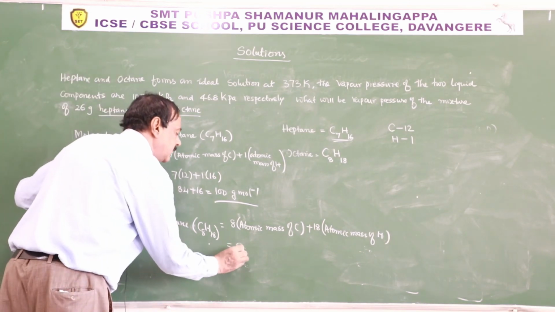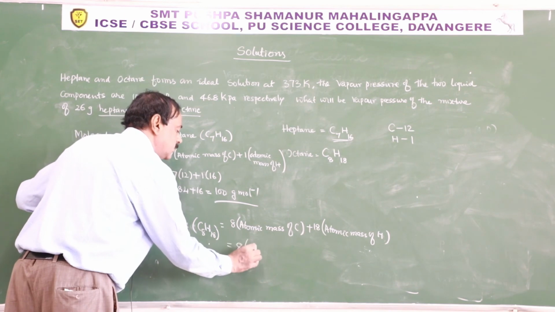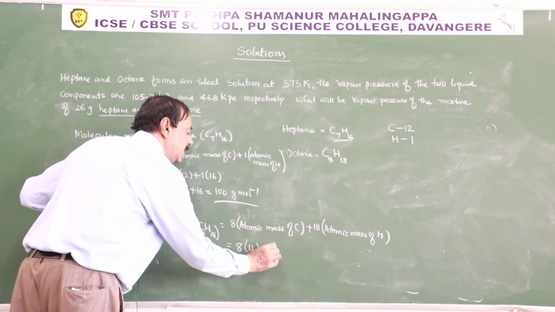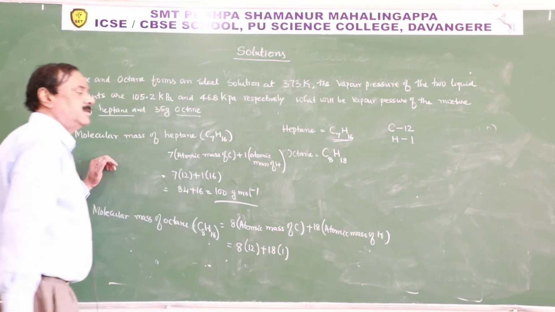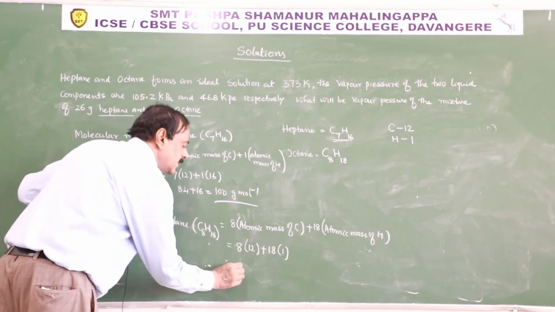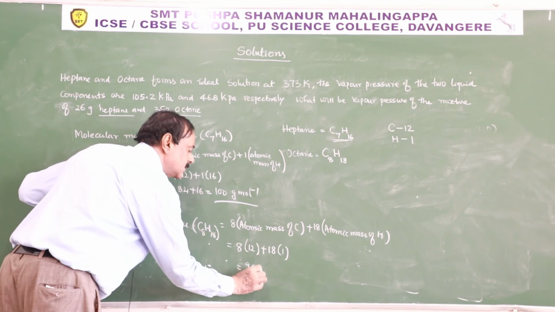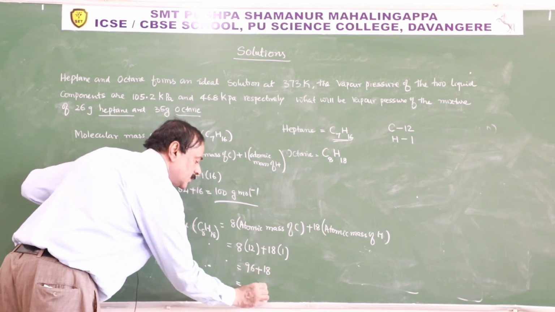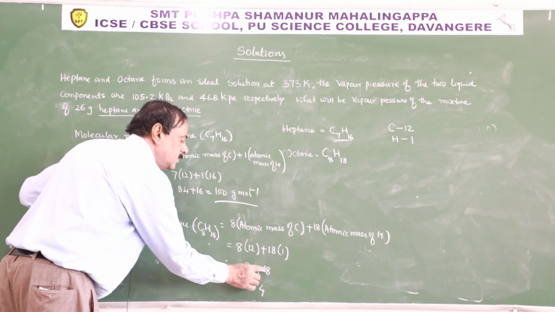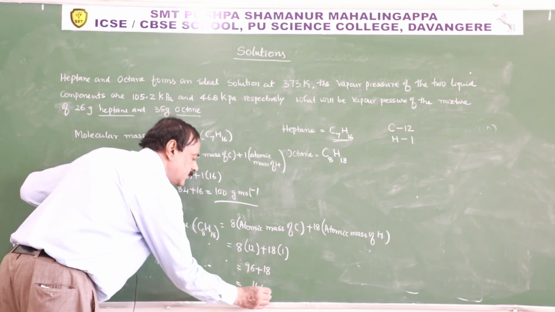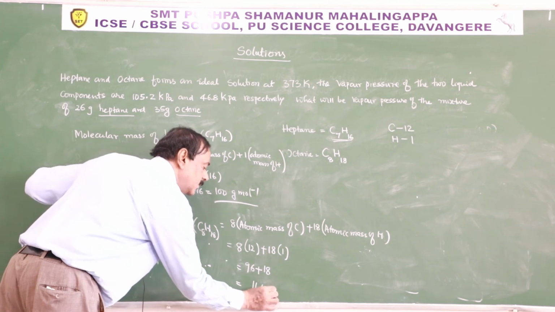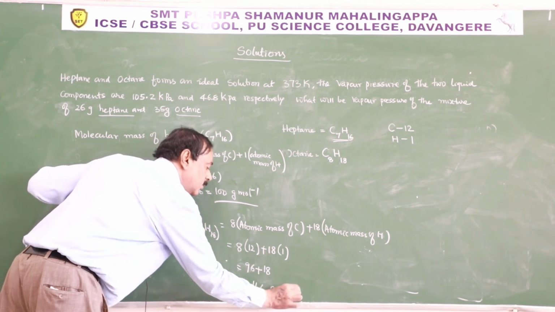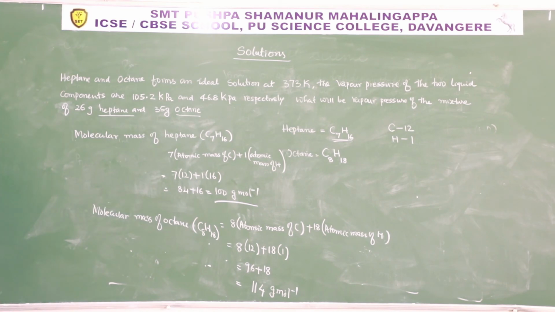What is the atomic mass of carbon? That is 12, plus 18 into atomic mass of hydrogen, that is 1. That is 96 plus 18, that is equal to 114 gram per mole. That is the molecular mass of octane. Molecular mass of octane is equal to 114. This is very important.